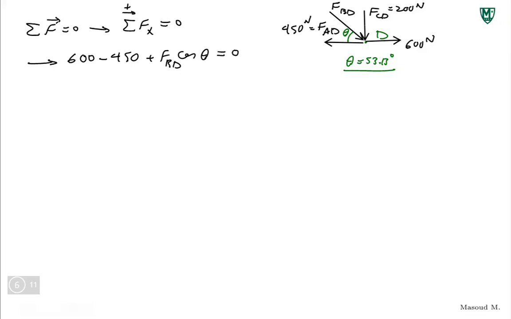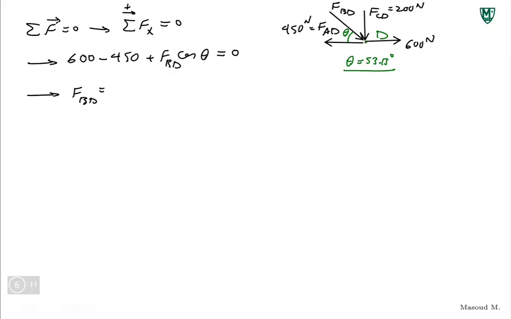It's equal to 0. So from there, I can find FBD would be 600 minus 450 goes to the other side, obviously becomes negative, divided by cosine theta.